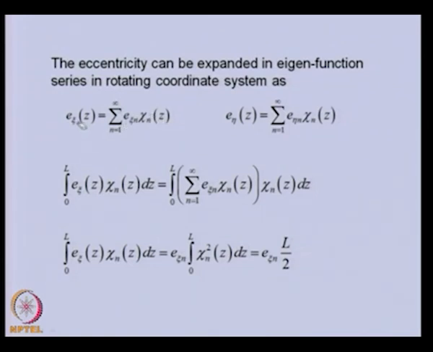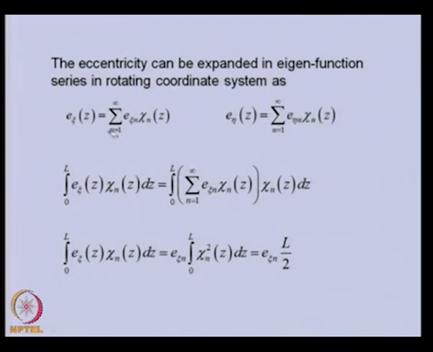This is the xi plane eccentricity variation, as we have shown in the previous slide. This is in the eta plane, and in both planes we have expressed this eccentricity variation in terms of the eigenfunctions multiplied by some constant.